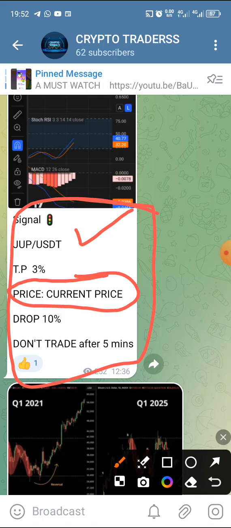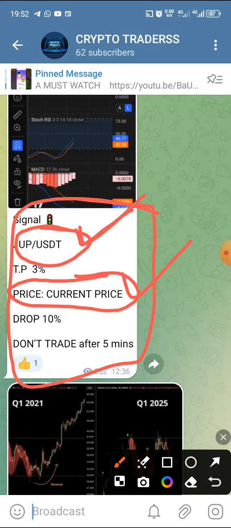Don't worry if you don't know anything. I know you can be new, you'll be understanding this slowly, but I want you to know that all you have to put your focus on is the name of the coin and the price. In this case, the signal is showing us current price, and the name of the signal is Jupiter or JUP/USDT. So how do you apply?